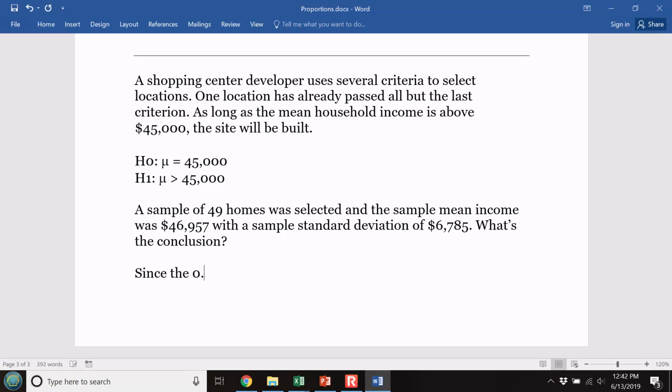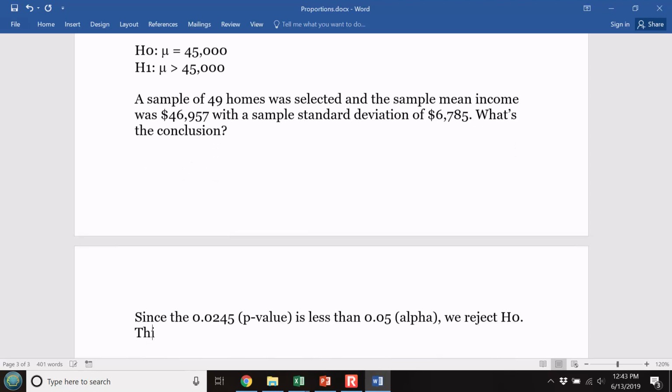Since 0.0245, the p-value, is less than 0.05 alpha, or the level of significance, we reject the null hypothesis.